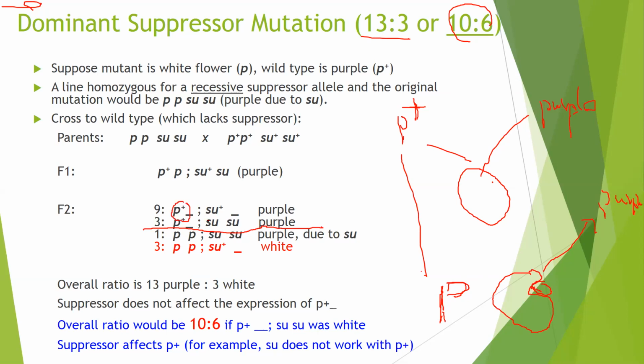So the P plus itself can produce purple, but this cannot. Only if the suppressor gene is also a mutant, then it can produce a perfect enzyme that can bind to this protein, and then this can produce the purple.